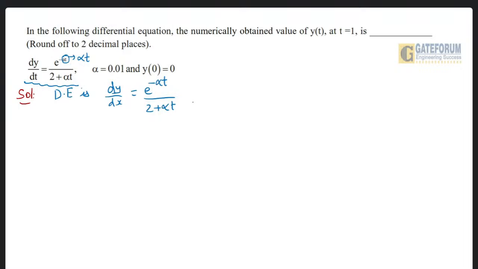Alpha is given as 0.01, and y(0) = 0 is given.